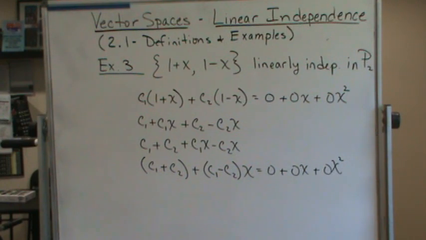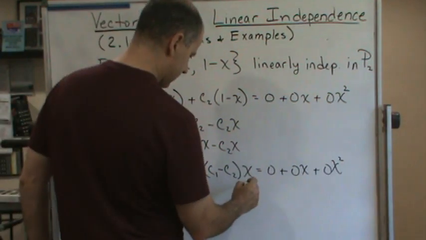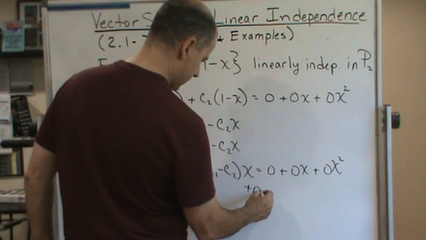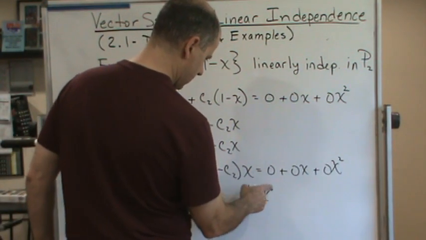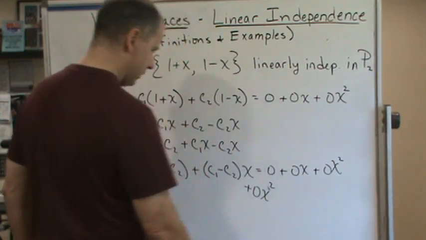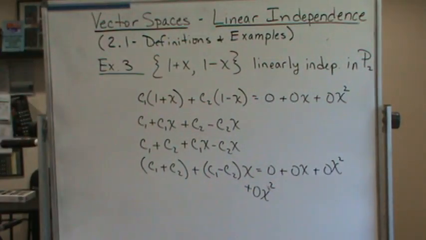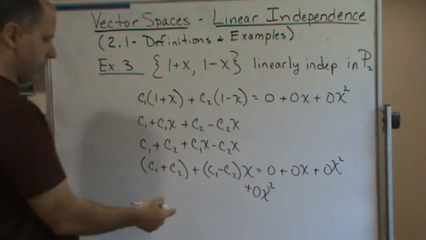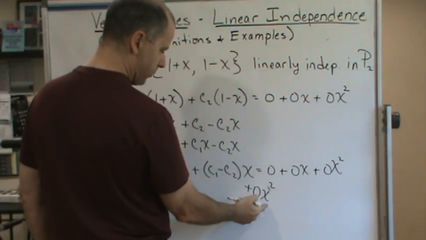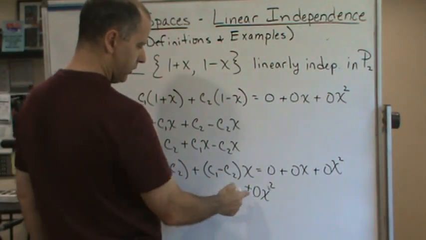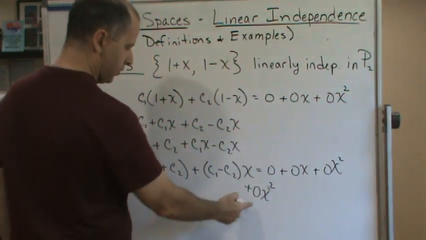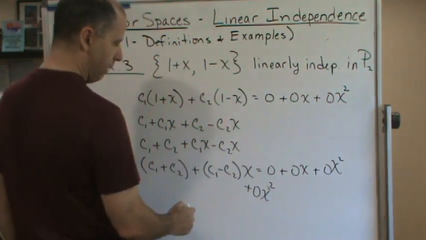Okay, now we can set up a system, right? To match it up, that's all we have to do, right? Because there's a 0x here, so there's a missing term, the quadratic term, so the x squared term, so we're just going to put a 0x here, right?